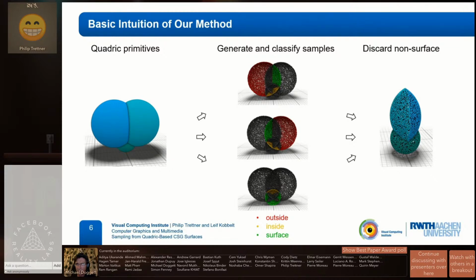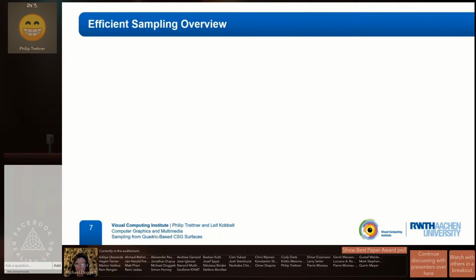However, in this formulation, the method would be quite inefficient, as in general we would discard large areas of samples. And also, if samples are generated independently, it's really hard to guarantee a hole-free rendering in the end. So this is only the high-level concept of our method, and now we will make this efficient and also have good guarantees.